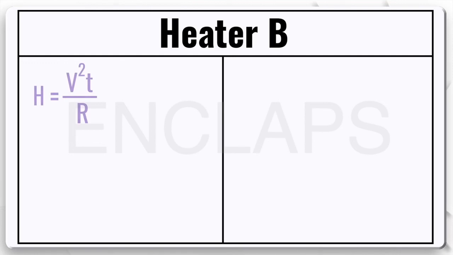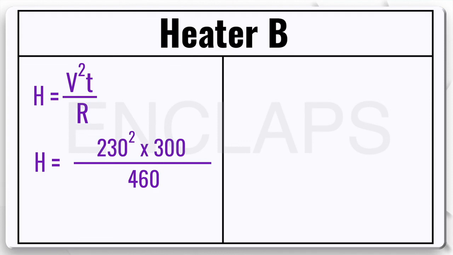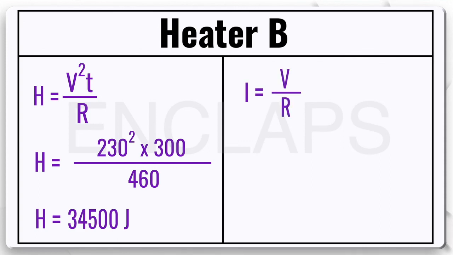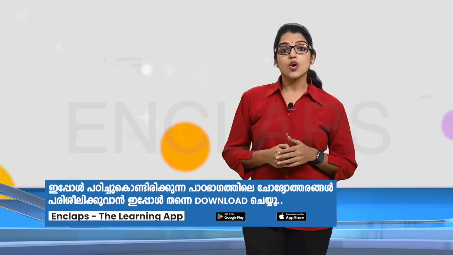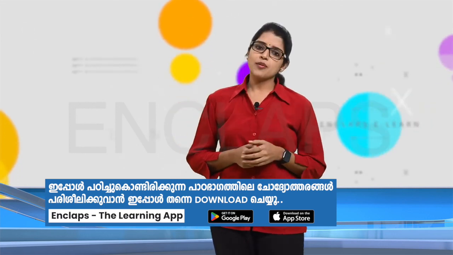Using the formula H is equal to V square T divided by R and substituting the value, it comes out as H is equal to 230 the whole square into 300 divided by 460 equals 34,500 joule, and the current I is equal to V by R equals 230 divided by 460, and the answer is 0.5 ampere.